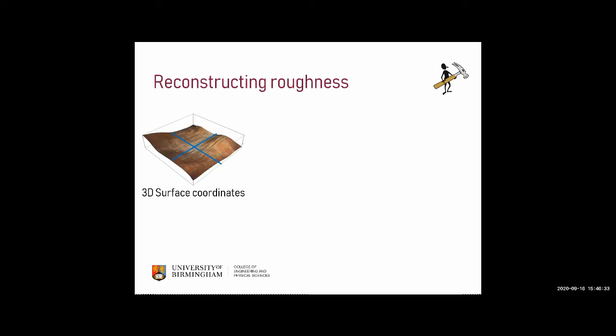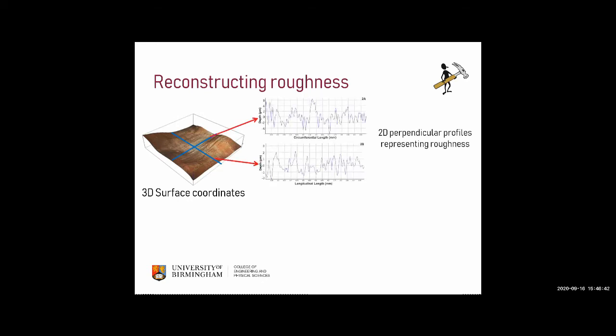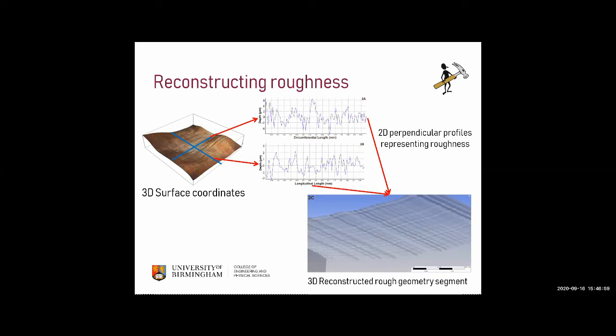So the way we decided to do this was to look along these two lines. If you draw a line along the artery and draw a line across the artery, you can look at how the height varies over those two lines, which gives you a representation of how your artery surface is going to vary. So we have these two profiles that we can put perpendicular to each other, and if you extrude them along each other, you end up with quite a nice realistic approximation of a rough surface of your coronary artery.